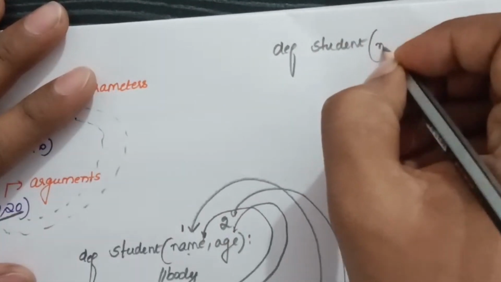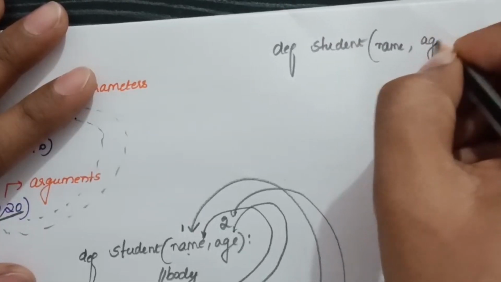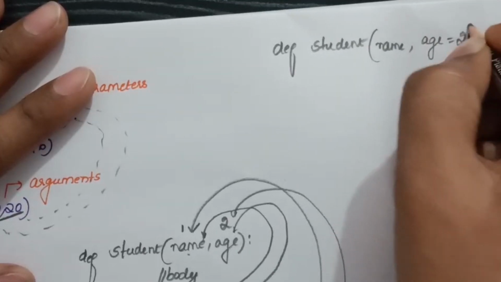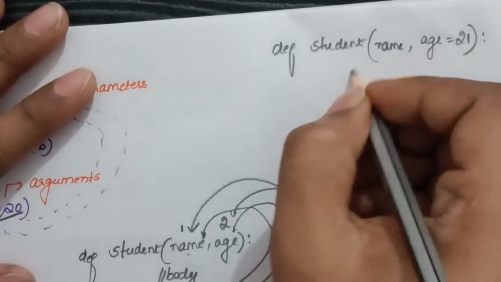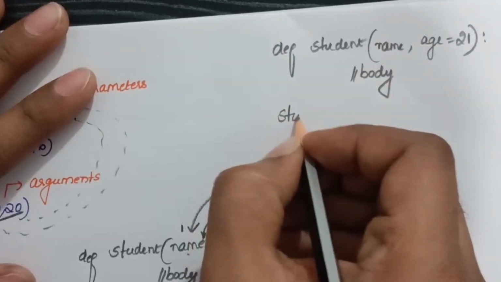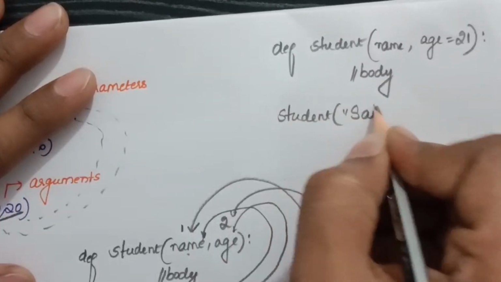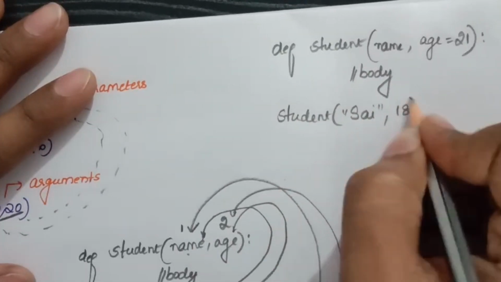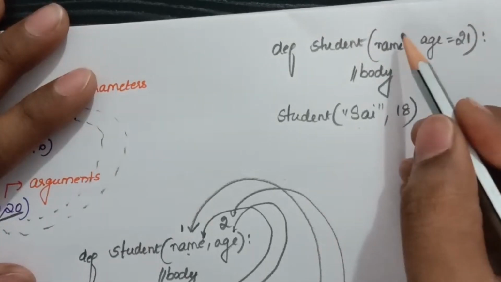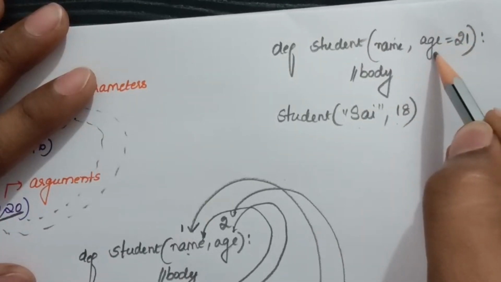First one is name and second one is age. Age, by default we assign a value called 21, and here the body. Now we can call that function student, name is Sai, age is 18, let's say. When we call like this, Sai will get stored in variable name, 18 will get stored in variable age.